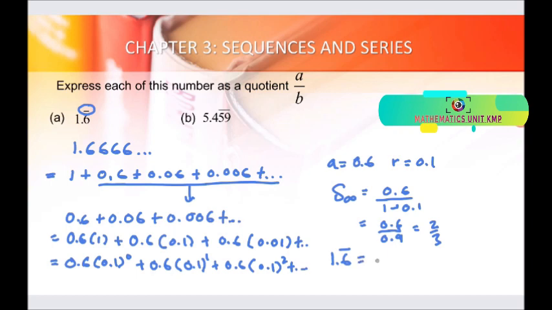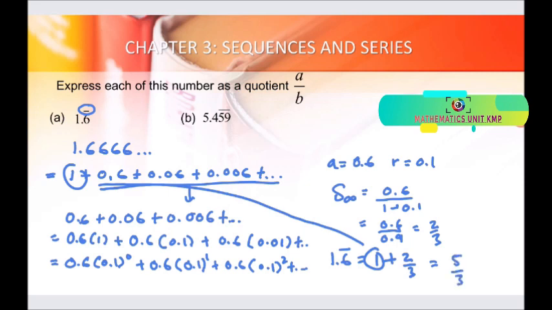Here is 1 plus 2 over 3, so it's equal to 5 over 3. And you can check back the value for 5 over 3 is equal to 1.6666 and so on here.